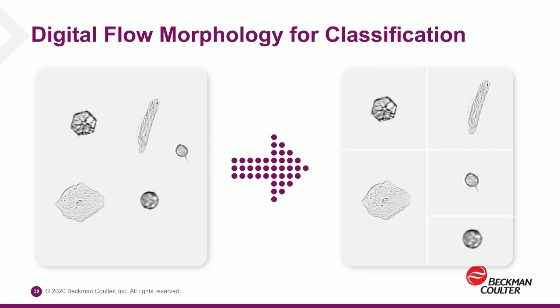The IQ200 microscopy system database contains over 26,000 reference particles. As each sample is run through the flow cell, the system will capture 500 microscopic images. As shown here on the left, there is an image showing 5 particles in that picture that was taken.